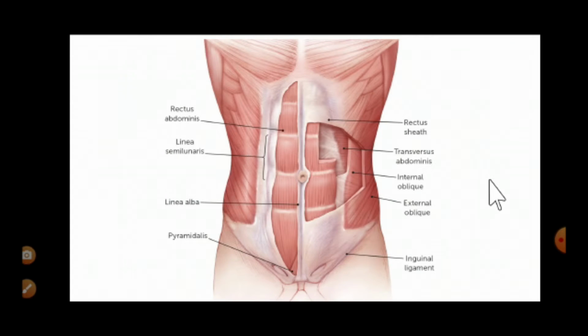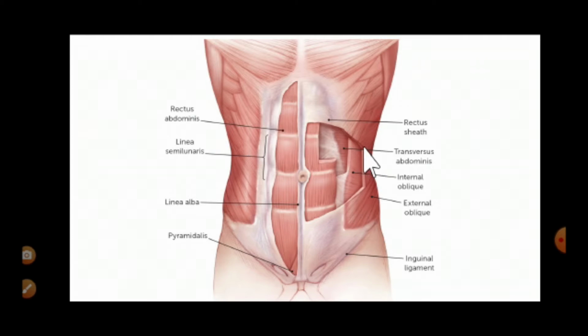Now if you see the anterior abdominal wall, here we can see the muscles which are forming the anterior abdominal wall. So first, the outermost muscle that we see here is the external oblique muscle and its aponeurosis, and the inferior free margin of this external oblique aponeurosis rolls inwards to form the inguinal ligament.